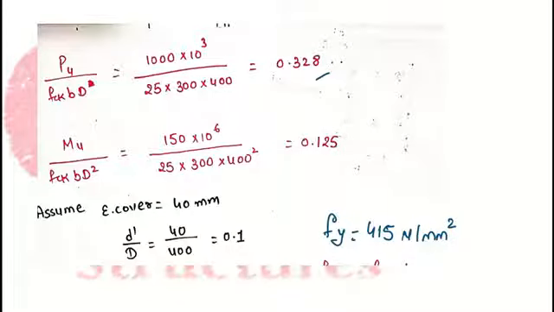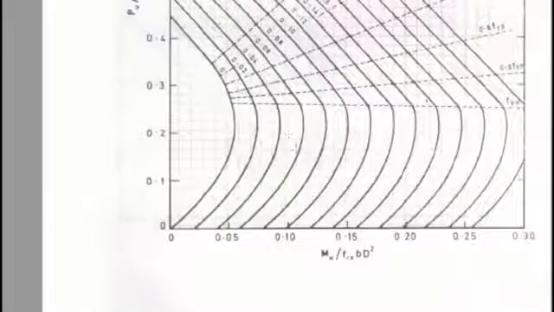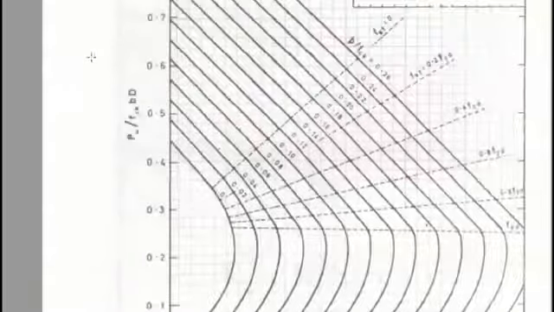Okay, so to use these charts, first of all we require some values to calculate the value of p upon fck. The values we have to calculate are the horizontal axis and the vertical axis values, they are Mu upon fck bd square and Pu upon fck bd.